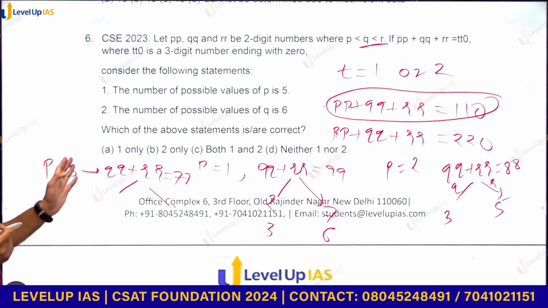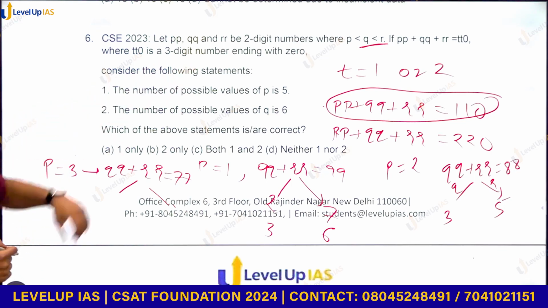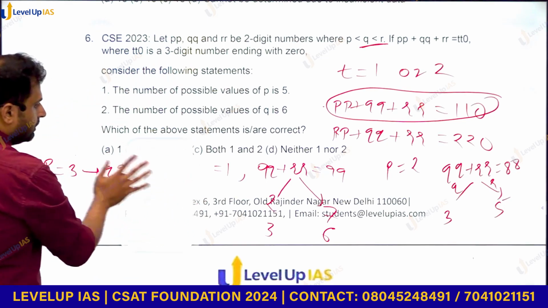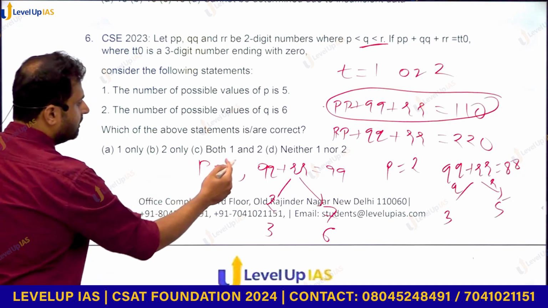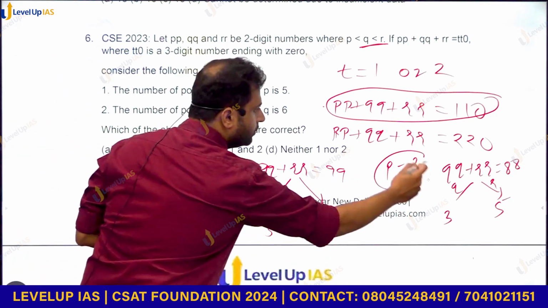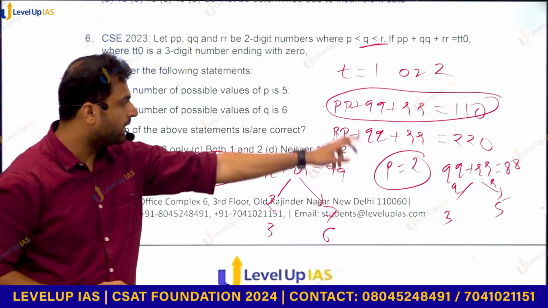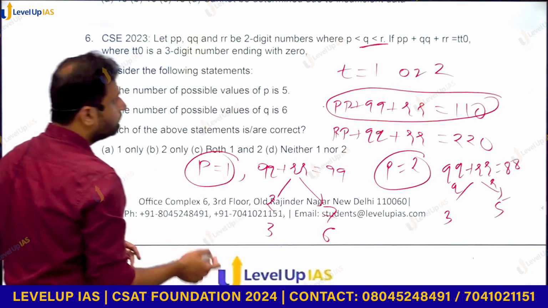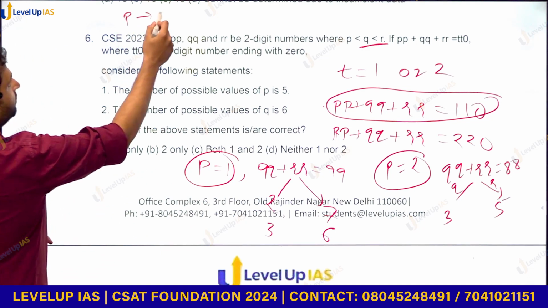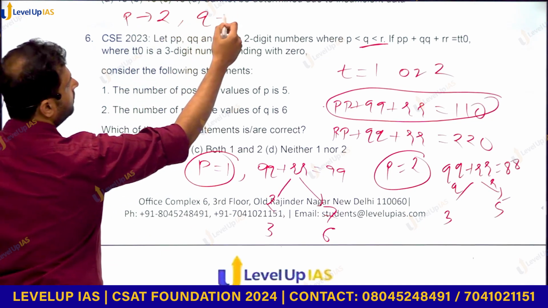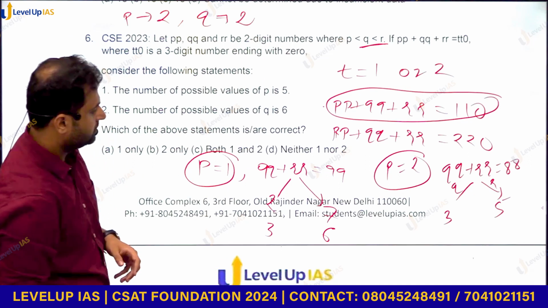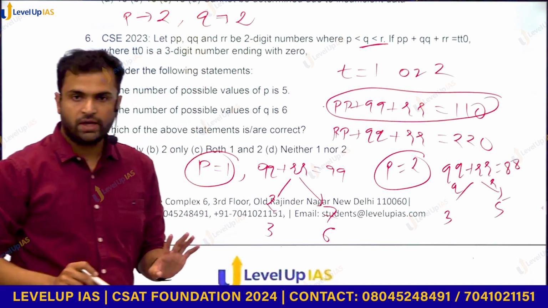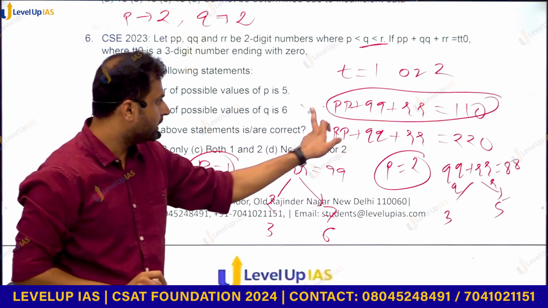So this is not possible at all because Q is less than R. So only possibilities are P is equal to 1 and P is equal to 2 for this particular thing. And here possibilities of Q are 2, 3 and 3. So for P we have 2 possibilities, for Q we have 2 possibilities. That is all. Fine. So we are done with this.